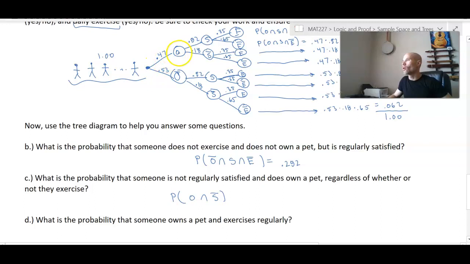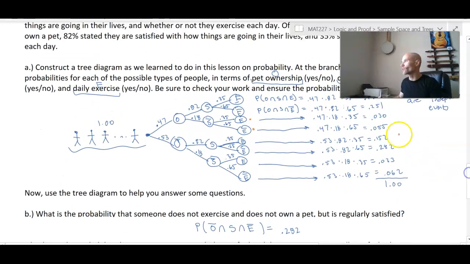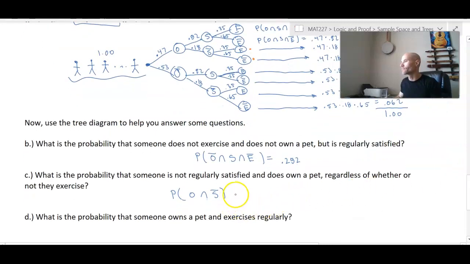That's going to be O, S complement, and then whether or not they exercise, that's both of these two groups here. Let me pick a different color. So that's these people who exercise and these people who don't. They both have the characteristic of owning a pet and not being satisfied. So we could add those 2 corresponding probabilities together, which are 0.030 plus 0.055, which is 0.085.